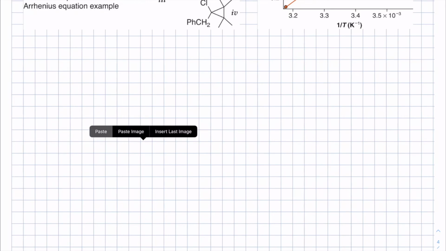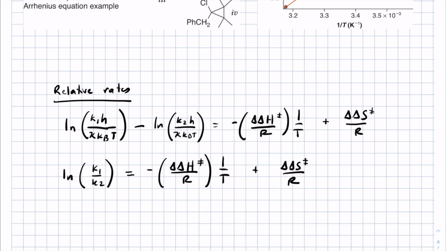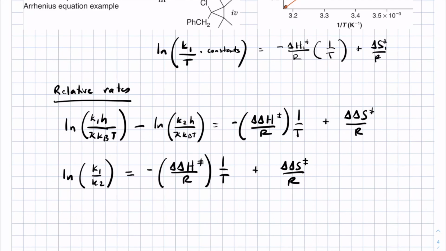All right, so supposing I had two reactions, reactions 1 and 2. I could write an equation for reaction 1, natural log of k1 over T times some constants, which I'm not going to write out, and that would equal minus delta H for that reaction 1 over R times 1 over T plus delta S over R for that reaction 1.